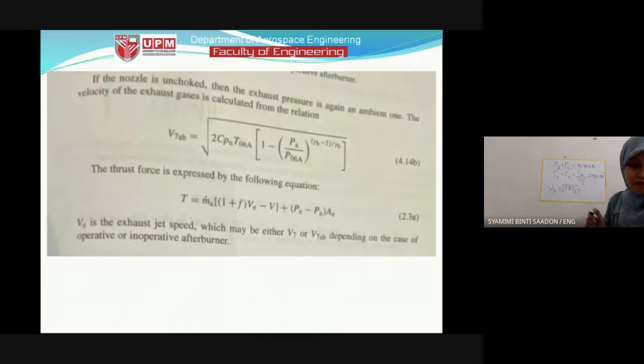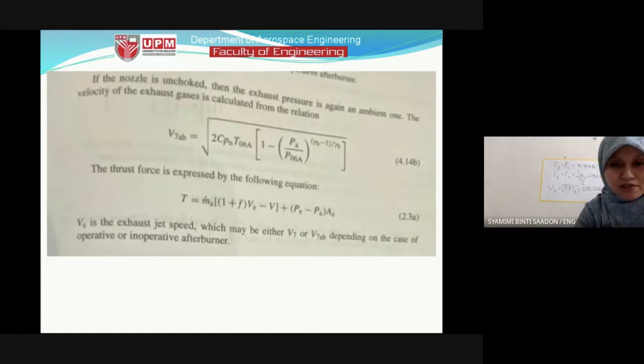So we have 608.26 Kelvin, square root gamma RT. Okay, so we have V7. Last one. To calculate thrust force, we have to get the MA, mass flow rate.